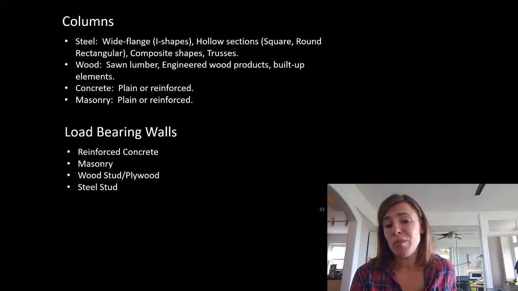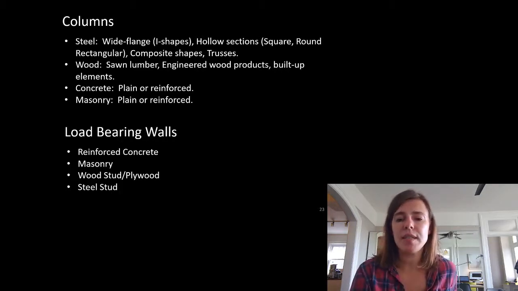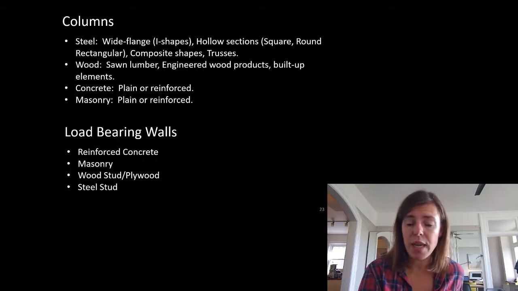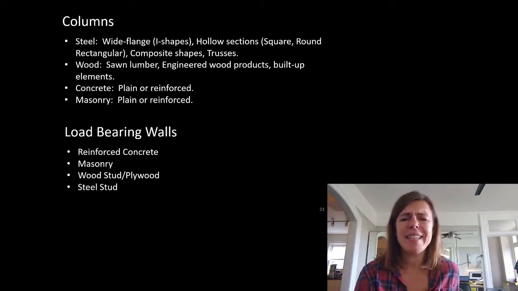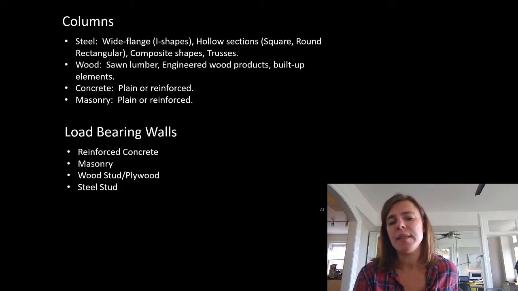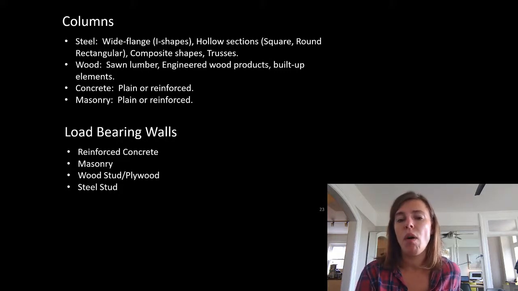We don't do steel walls very often. That's not to say we don't ever do it, but it's not the easiest, and we have to worry about buckling, and there are all kinds of reasons why it doesn't lend itself well to a steel wall. We'll understand more about that when we start to look at actual calculations.